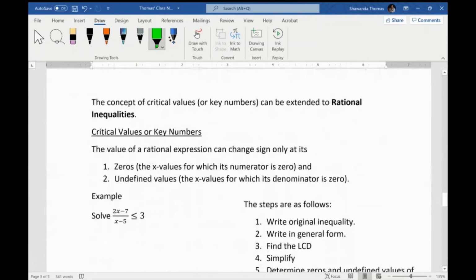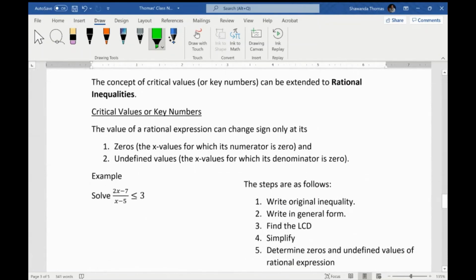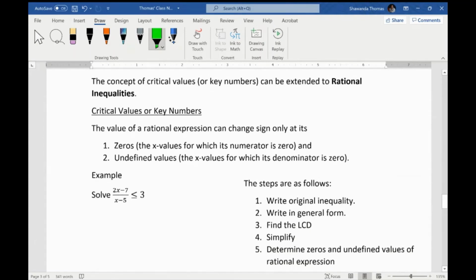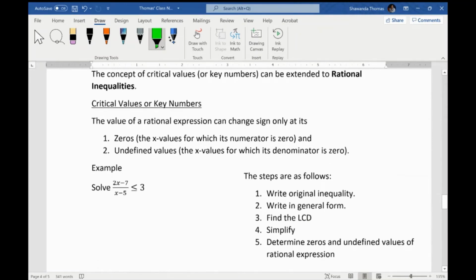All right, here we go. We're going to add something to these critical values now. When we have rational inequalities, the critical values are not only the zeros, but also the undefined values. When is something undefined?